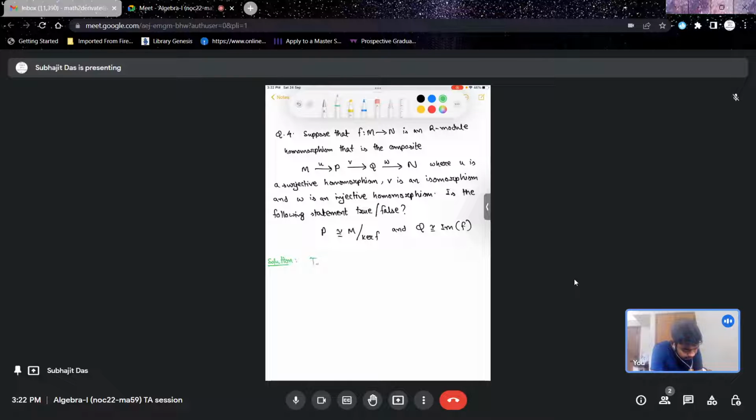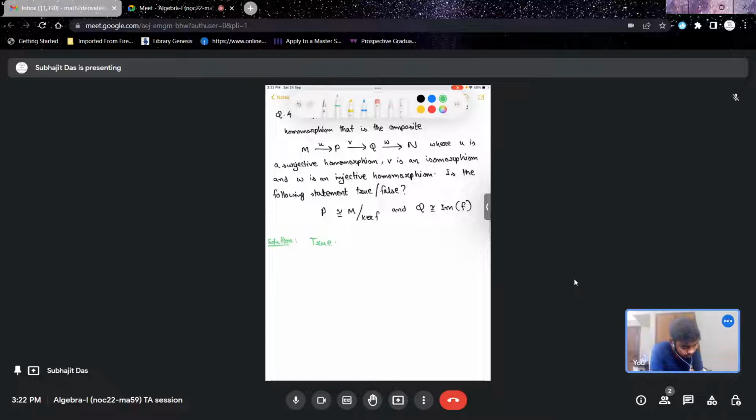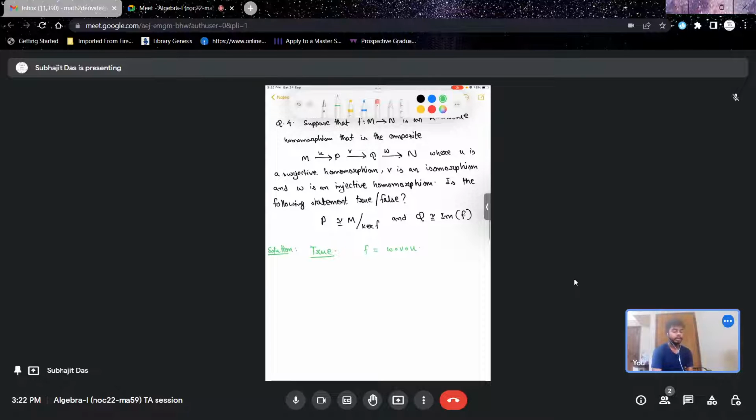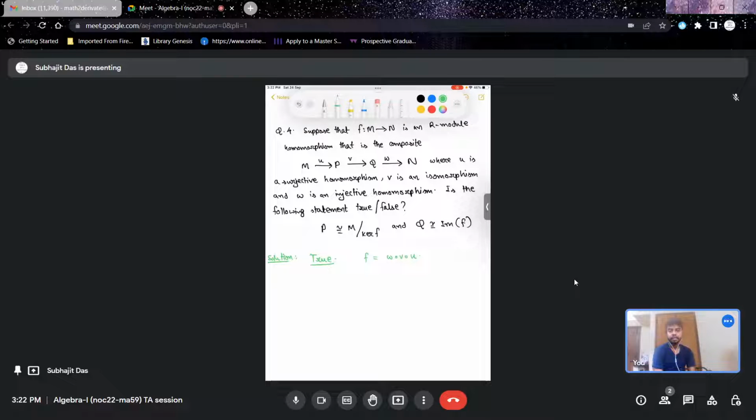So the statement is true. How do we prove this? F is equal to W composed with V composed with U. Now U has been given to be surjective, that we know.